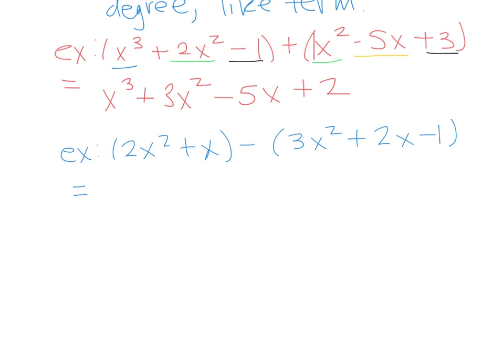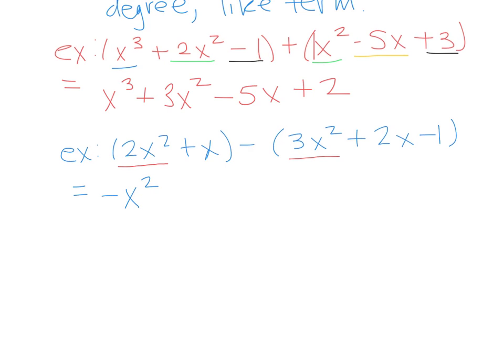So going through and combining like terms, we've got a 2x squared and a 3x squared, but there we have the minus in between. So we're going to take 2 minus 3, so that's a negative 1. So that's going to result in a negative 1x squared or a negative x squared.